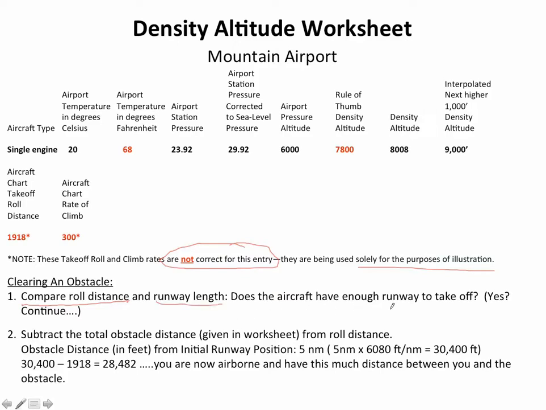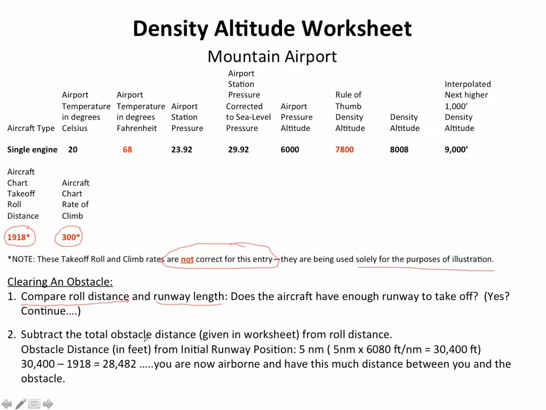In other words, does the aircraft have enough runway to take off? So the takeoff roll distance is 1918 and the rate of climb is 300. Again, not correct from the chart, but we're going to use them.